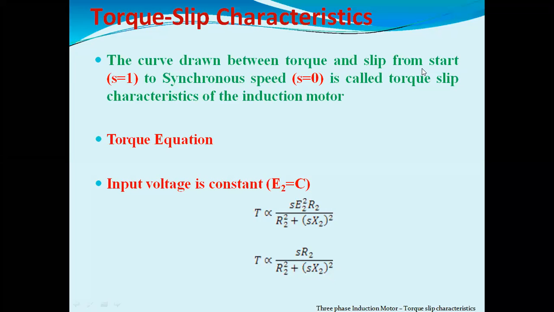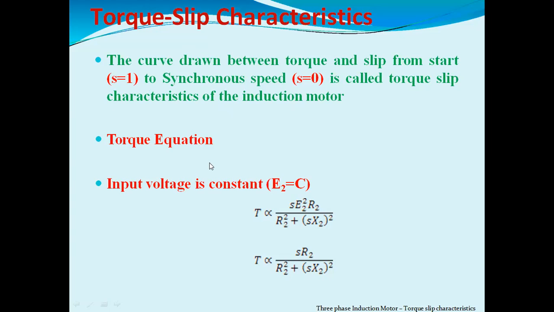The curve between slip value 1 and slip value 0 is called the torque slip characteristics. Firstly we take S equal to 1, and at the end we take synchronous speed, where slip equals 0.